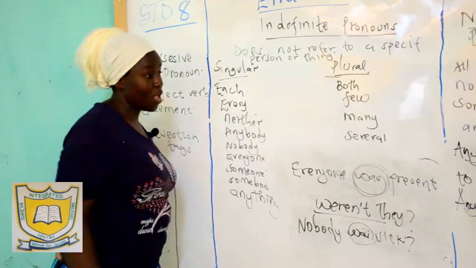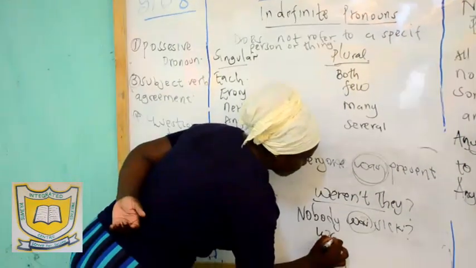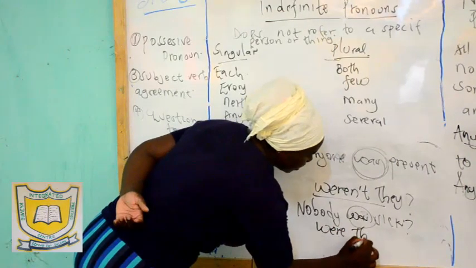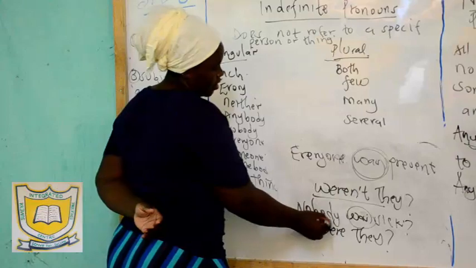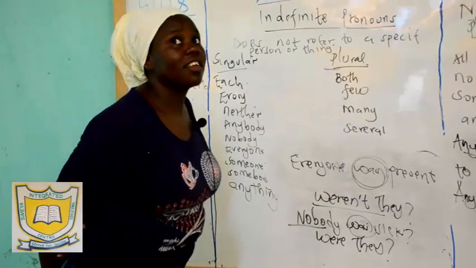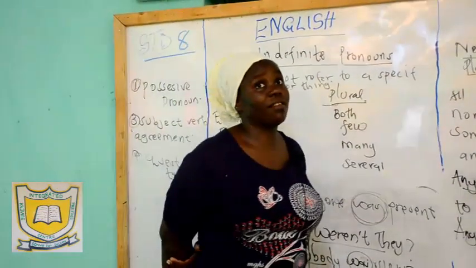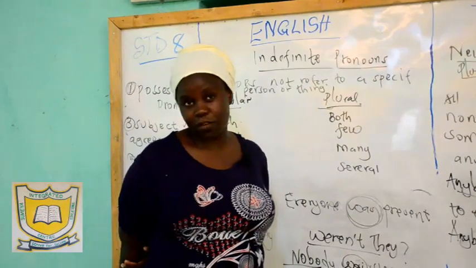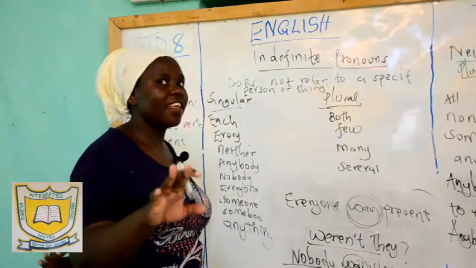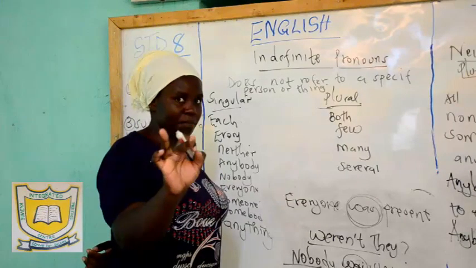I'm going to say, were they? My question tag is going to be, were they? Why? Because nobody is a negative, and it should take a positive question tag. I said, rules of question tag remain.